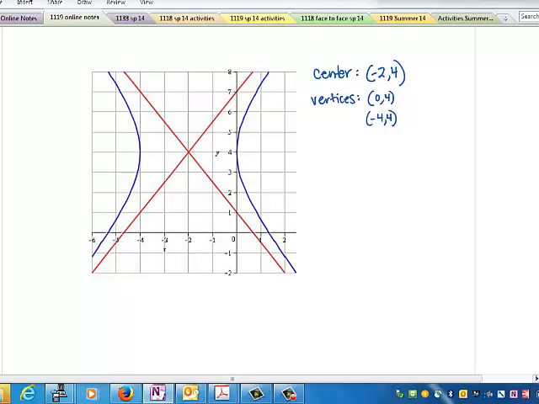And the distance between the center and a vertex appears to be 2. So a, remember, which is the distance between the center and the vertex, appears to be 2.